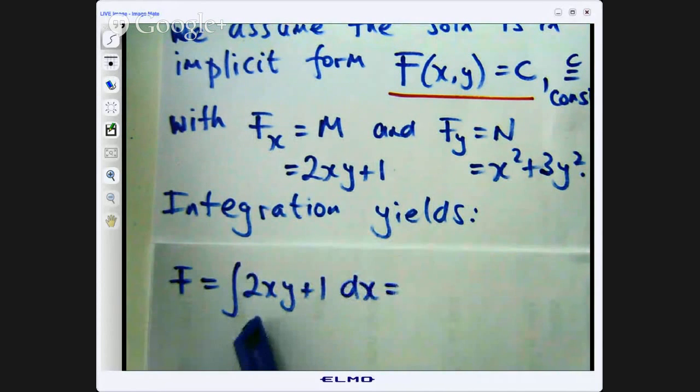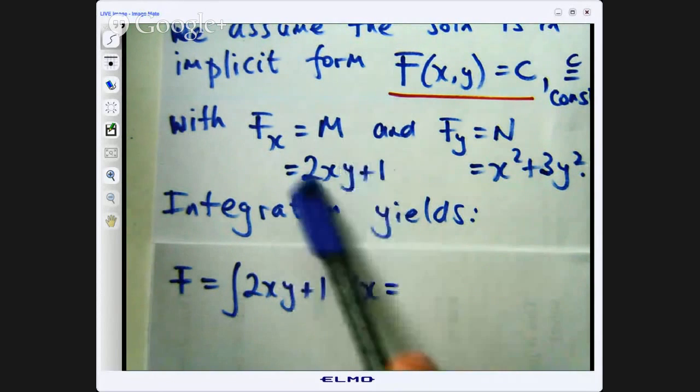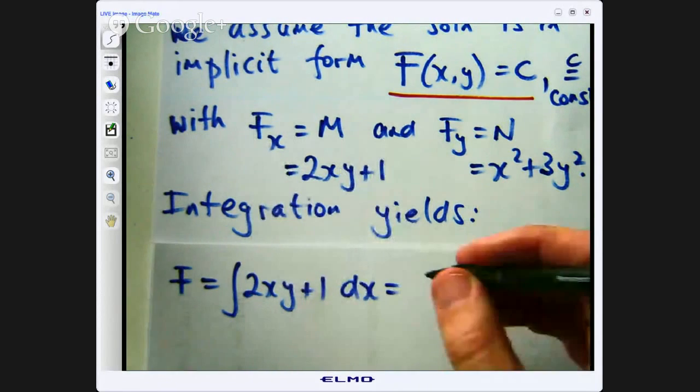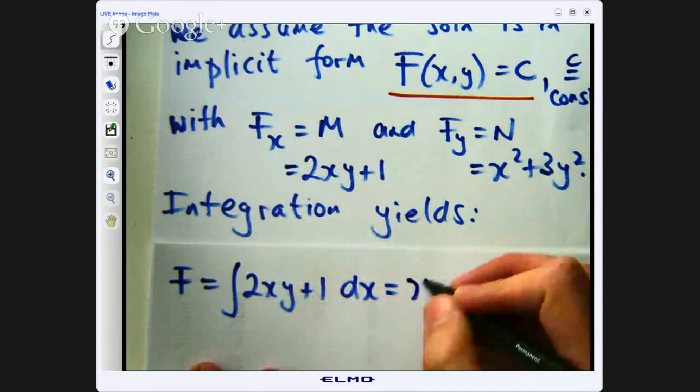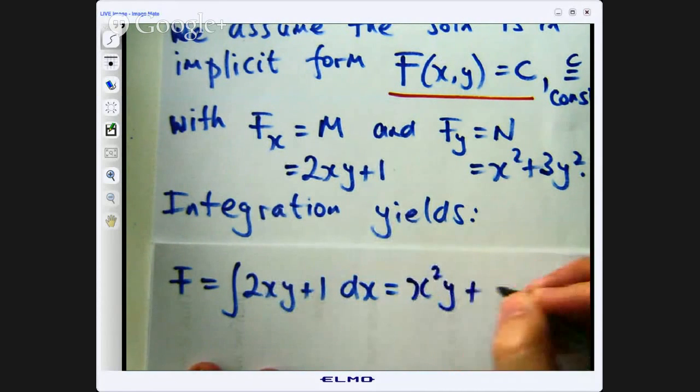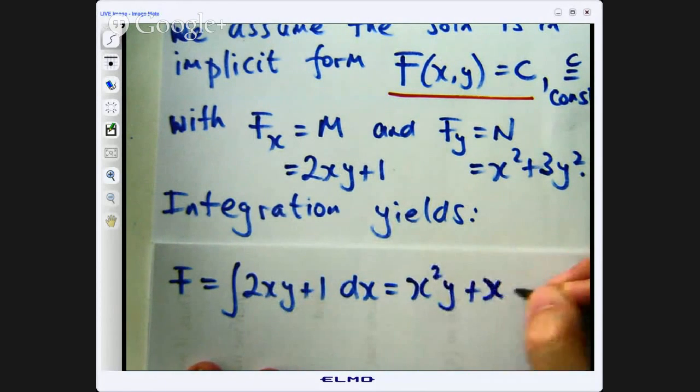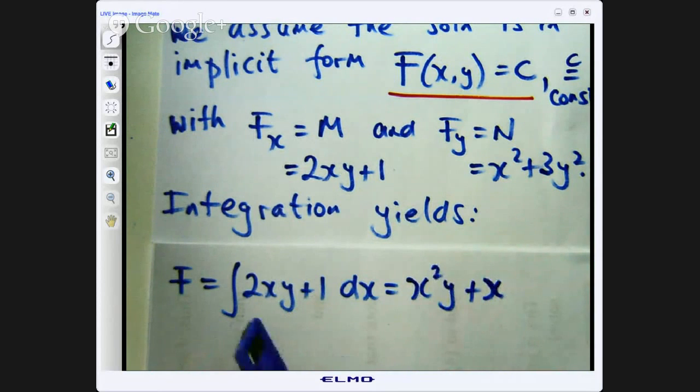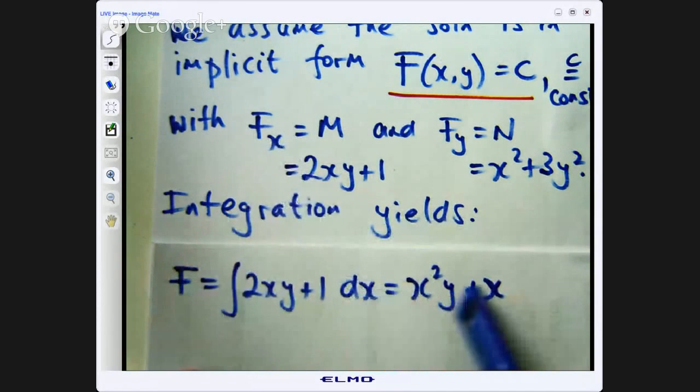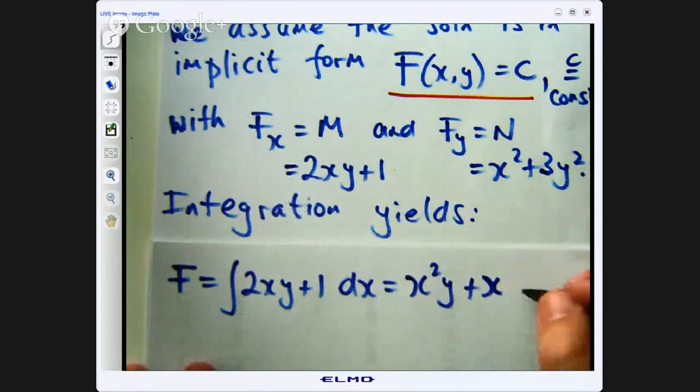All right, so I'm imagining y is a constant, and I'm integrating with respect to x, just from this thing here. Okay, if I integrate, I'll get x squared y plus x. Now, you might think, well, okay, I'll put in the constant of integration, but for partial derivatives, we don't want a constant of integration, we want a function of integration.